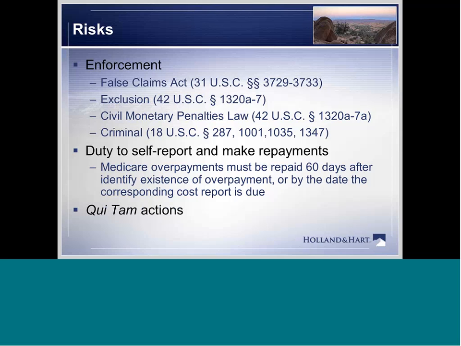Another risk if compliance is lacking is qui tam actions, whistleblower actions, where someone potentially in your organization alerts the government to activities that are going on and can pursue an action against your organization by that route. And also the risk of audit.